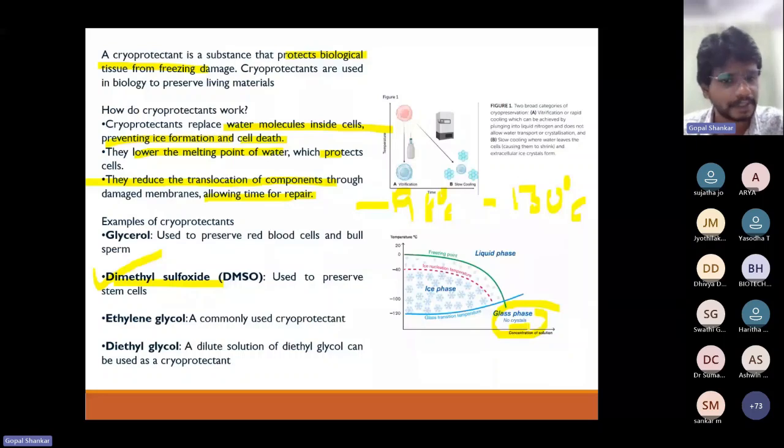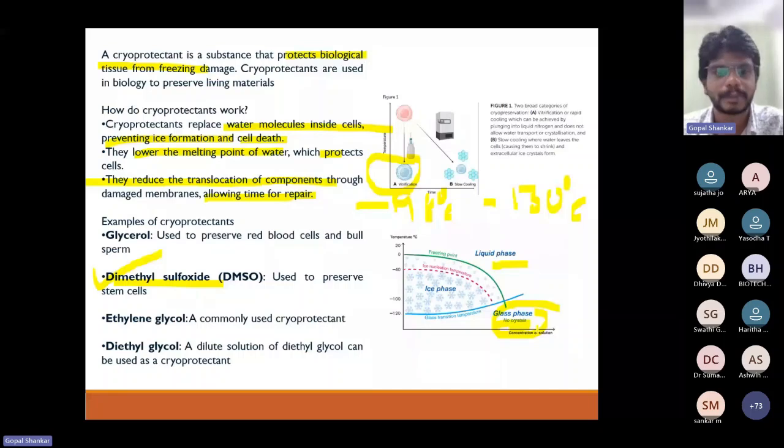When there is no crystal formation, your cell is not dying. So the concept is simply that you take the cell and rapidly quench it in minus 198 degrees Celsius, that is liquid nitrogen. You will bypass all of these phases. There is no freezing point, no ice nucleation temperature, and no ice phase, which means you directly bypass the liquid phase and go to a glass phase. So when you have this glass phase, there are no crystals.